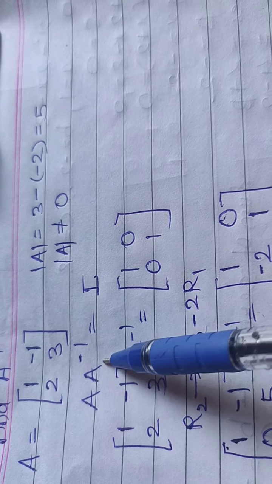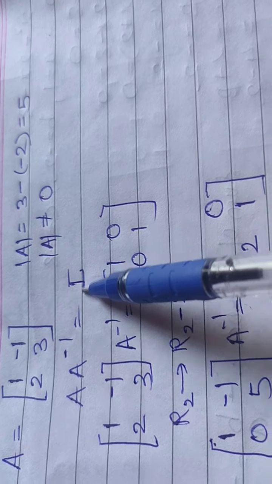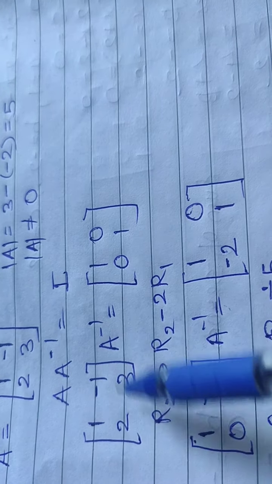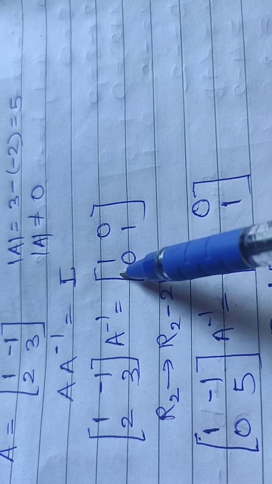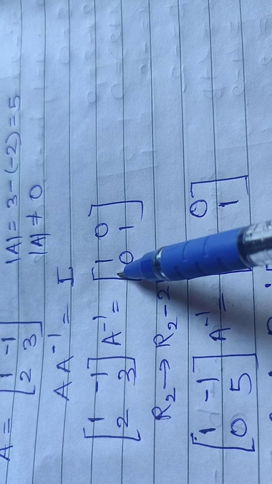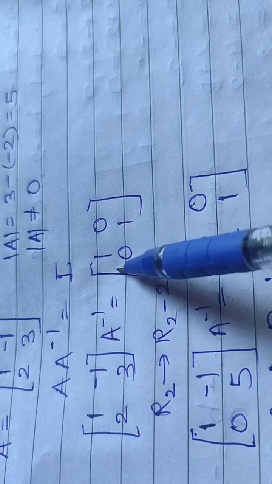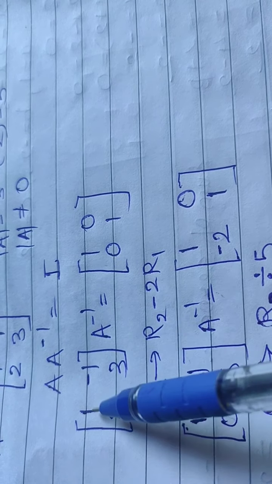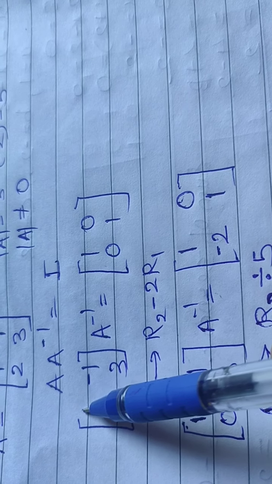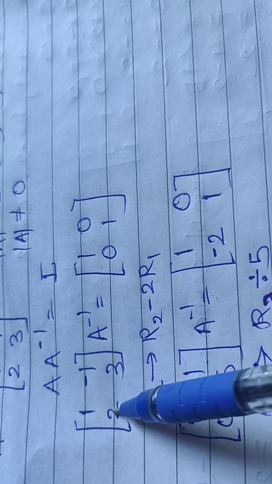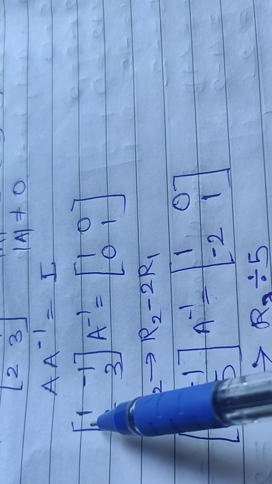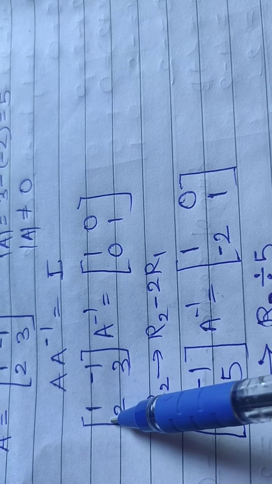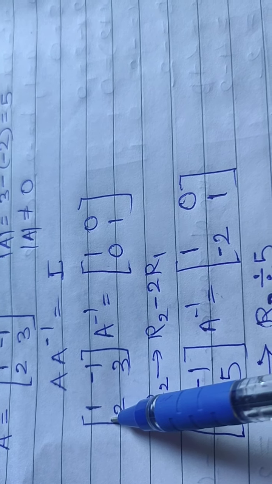A into A inverse is equal to the identity matrix. I'll write the relation and substitute the matrices. Matrix A into A inverse is equal to, on the right hand side, the identity matrix of order 2. Now we have to convert this matrix A into the identity matrix, that is 1, 0, 0, 1, using row transformation.